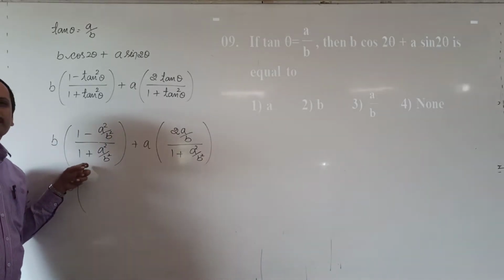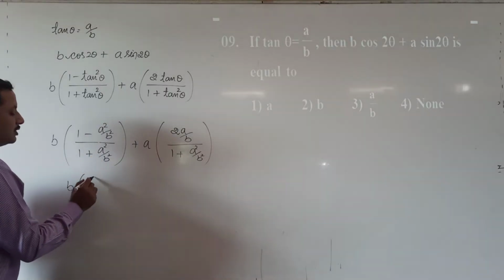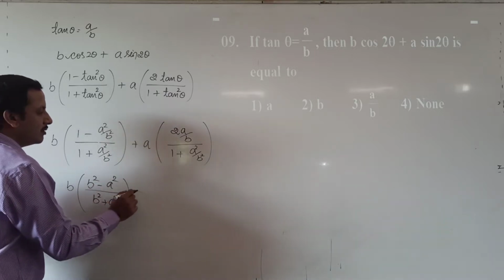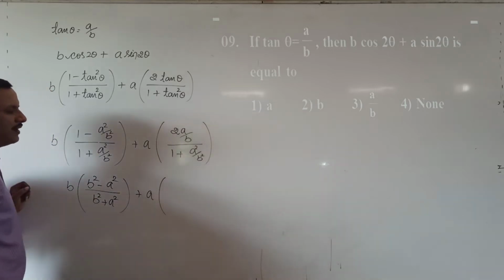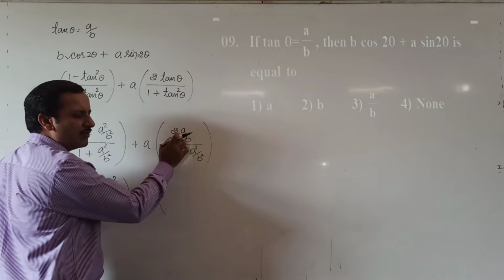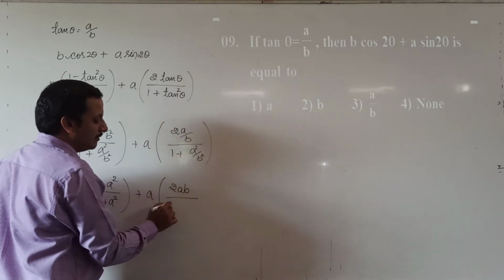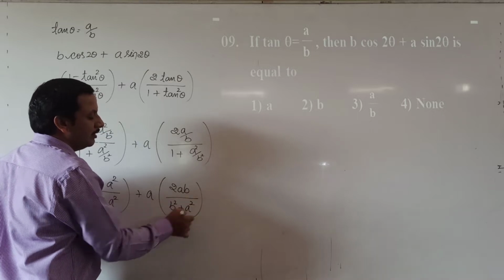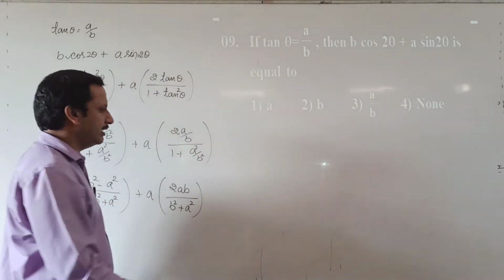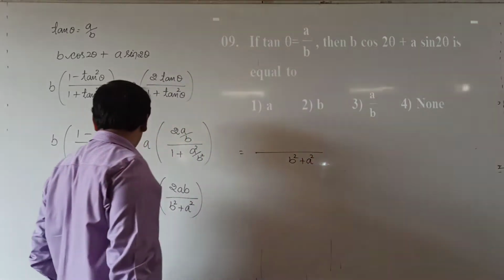Here in the denominator, we get b square plus a square by b square, that b square gets cancelled. So you will have b square minus a square divided by b square plus a square plus a into, here if I take LCM, b square plus a square by b square, one of those b gets cancelled, other b will come up, 2ab divided by b square plus a square. There is a common denominator, b square plus a square. We just need to simplify this numerator.